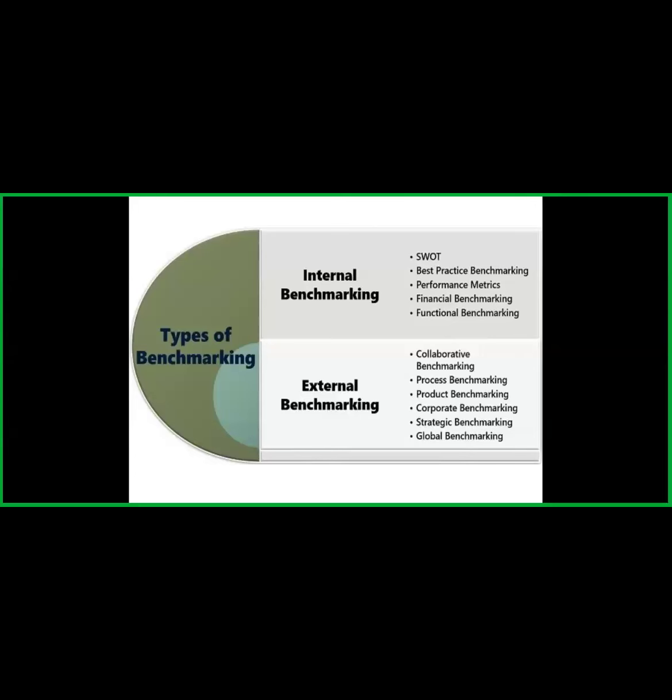The previous results of this particular department were this. When you start comparing one department with another, you also come to know which department has outperformed the other department. And that is done under financial benchmarking.